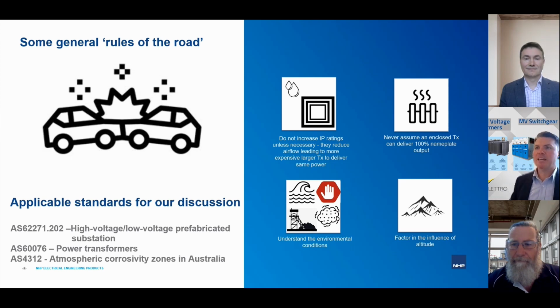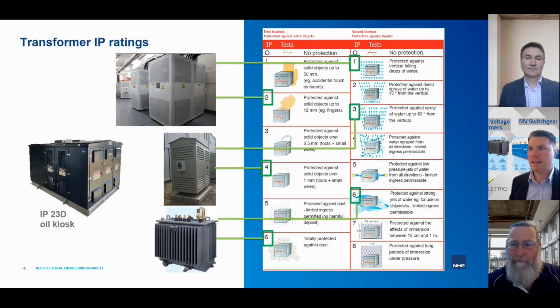So there we go, basic introduction, and you'll see how it ties in a little bit later on. So now what I'd like to do is hand over to Dmitry, and he's going to talk to us a little bit about transformer-specific IP ratings, but really tied into transformer design and enclosures.